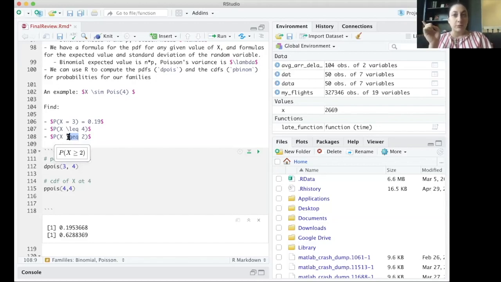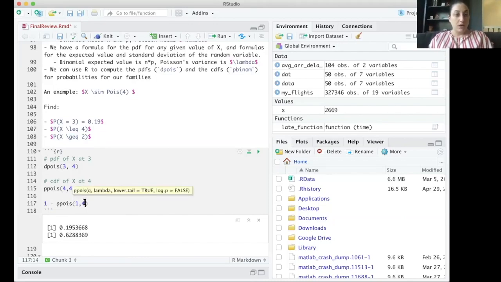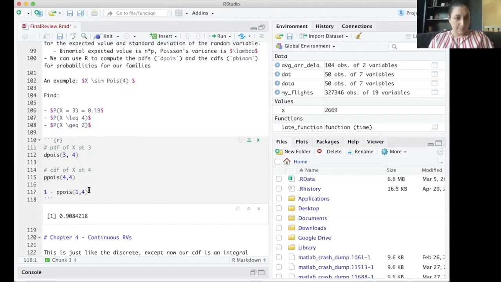If I'm going to do 1 minus the complement, remember when I'm working with probabilities that are above, I need to do 1 minus ppois(1, 4), because the probability of 2 is in the set that we want to take the probability of.